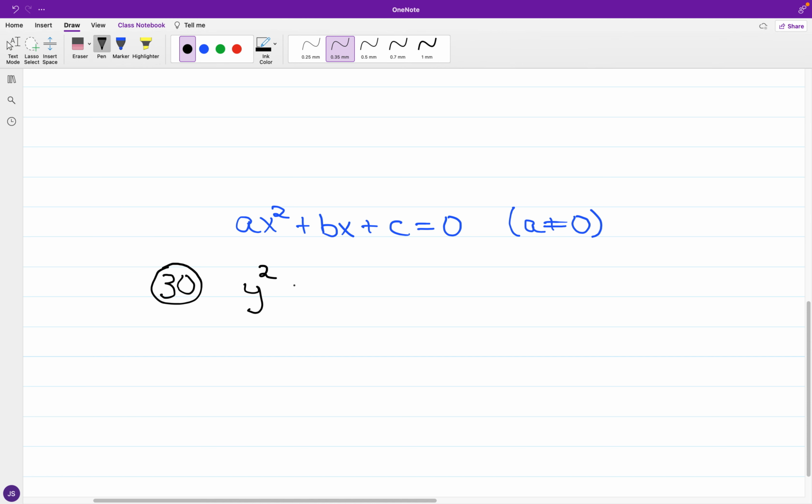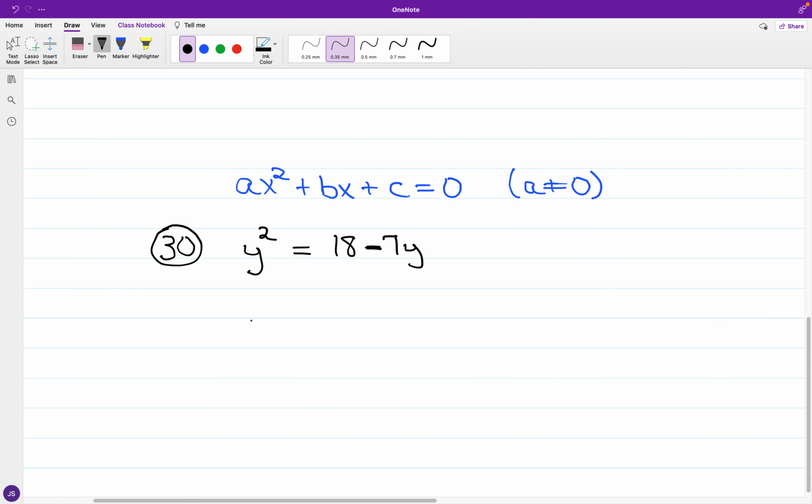In the opening statement, y squared by itself is set equal to 18 minus 7y. This is a quadratic equation since the highest degree term in y is y squared. The standard form would be ay squared plus by plus c equal to 0, where any of a, b, and c could be positive or negative.